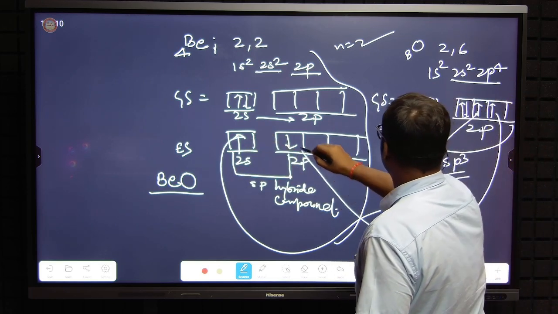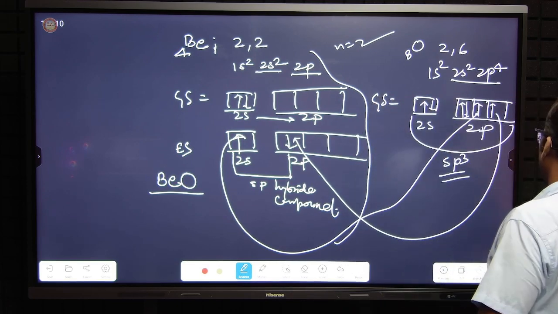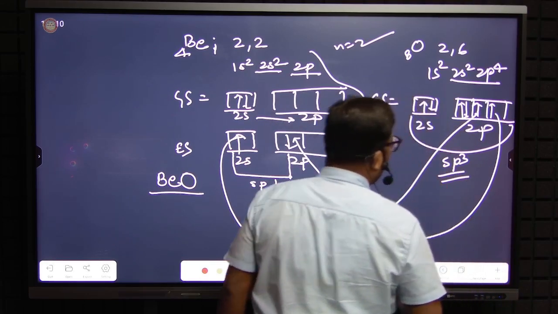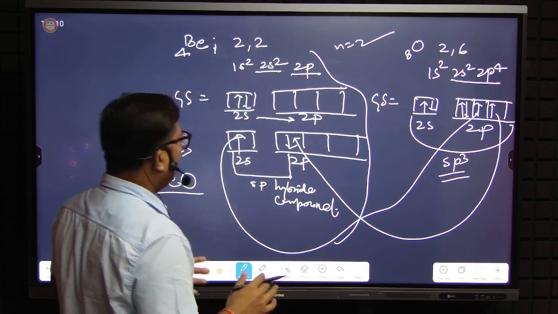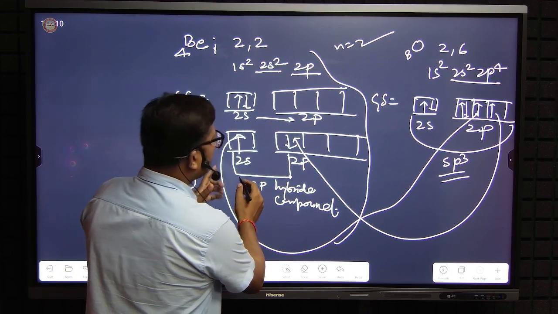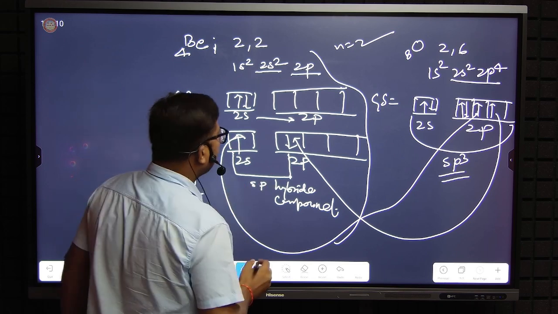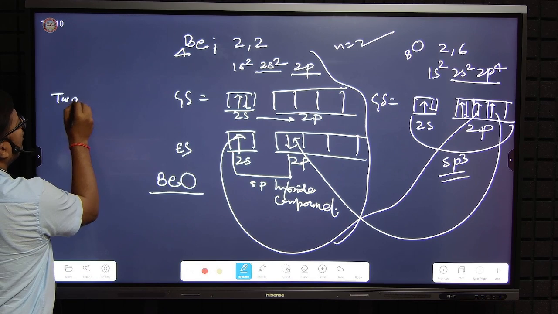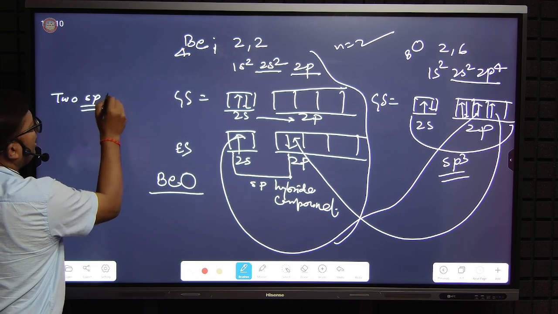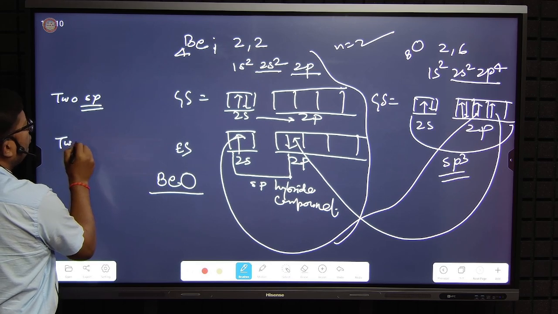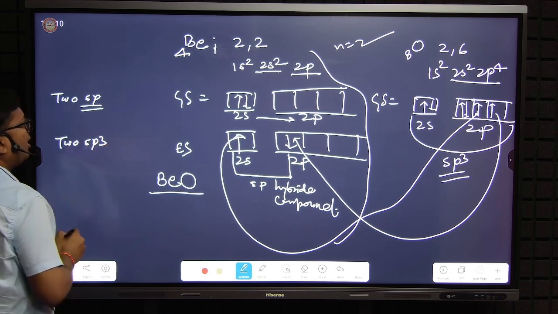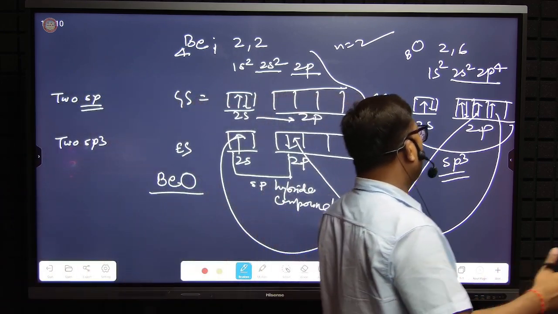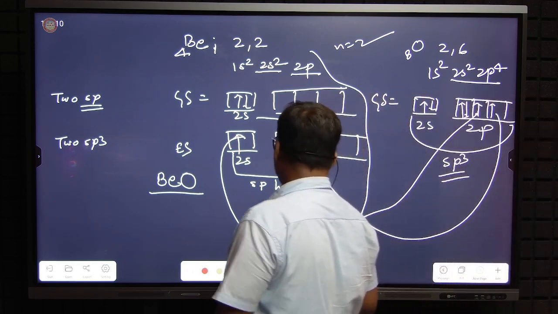So the two sp3 hybrid orbitals can mix with the two sp hybrid orbitals of beryllium, so two sp hybrid orbitals and two sp3 hybrid orbitals mix to form two covalent bonds, right.